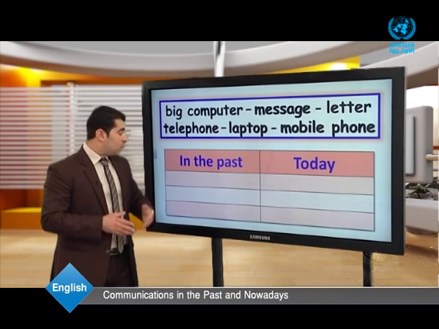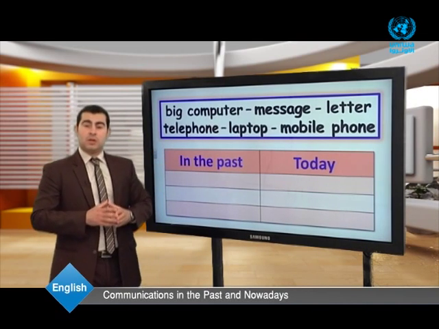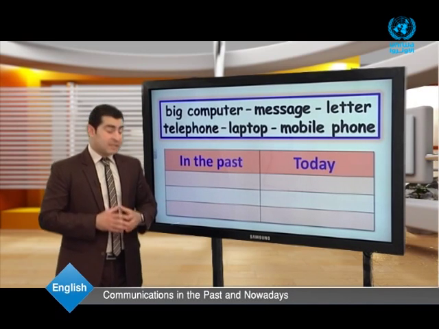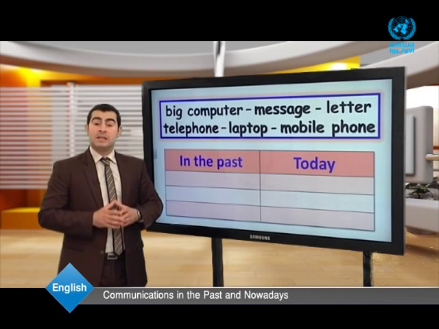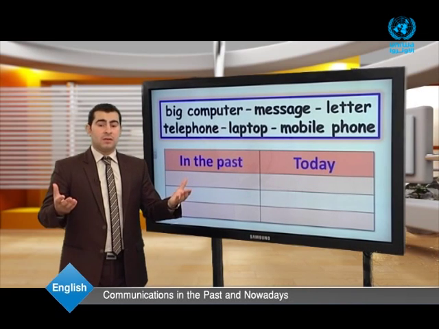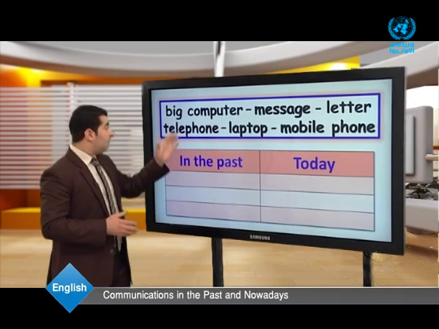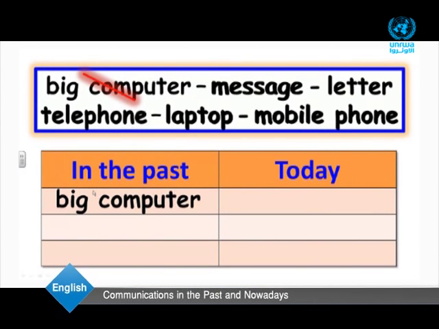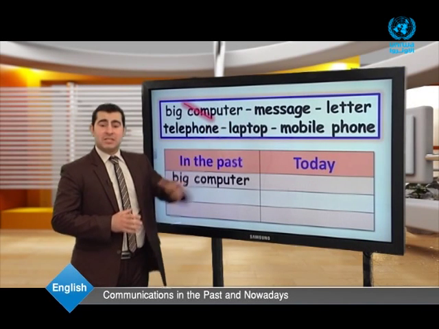Now let's start with big computer. Was it in the past or is it today? Big computer. You will say it was in the past. So, in the past we had big computers. What about message?